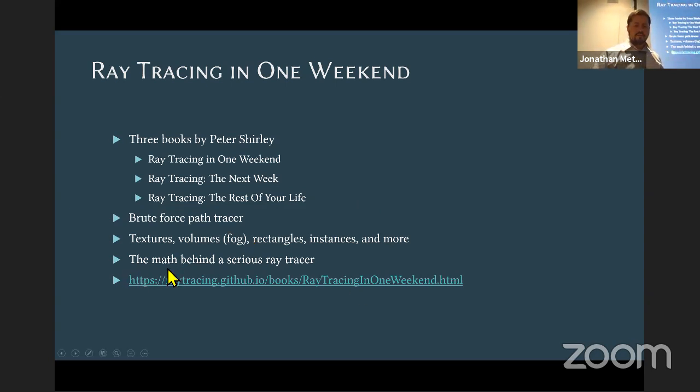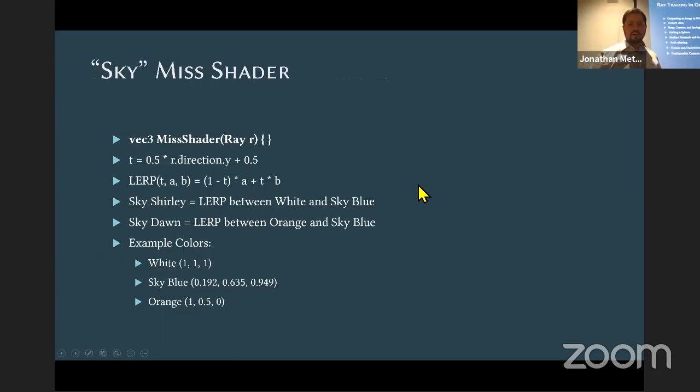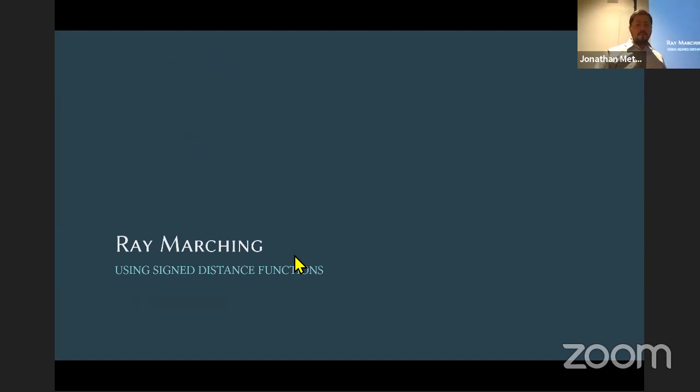And he covers everything from how you get started to getting behind the math of a serious ray tracer, in other words, introducing you to Monte Carlo integration. This is the general pattern he follows in the book. And this is a simple sky miss shader we talked about earlier in the class. We can blend from white to blue or from orange to blue, depending on if we're trying to get a dawn kind of color scheme.